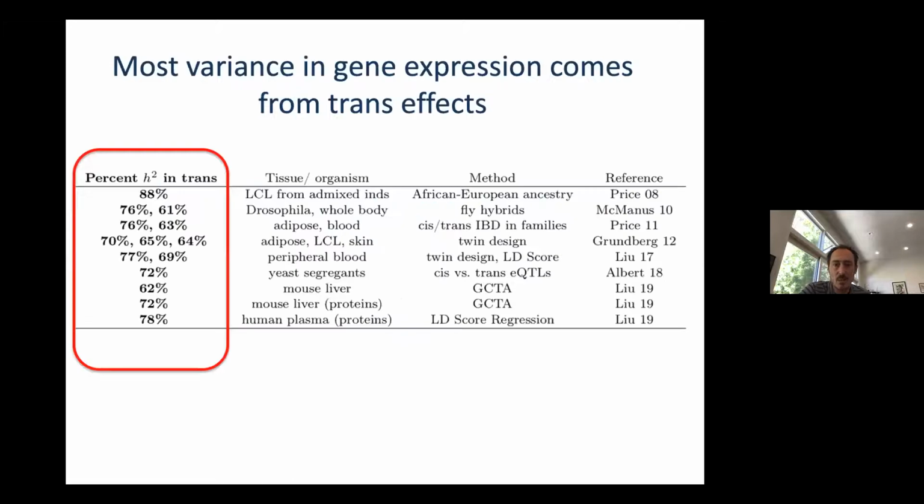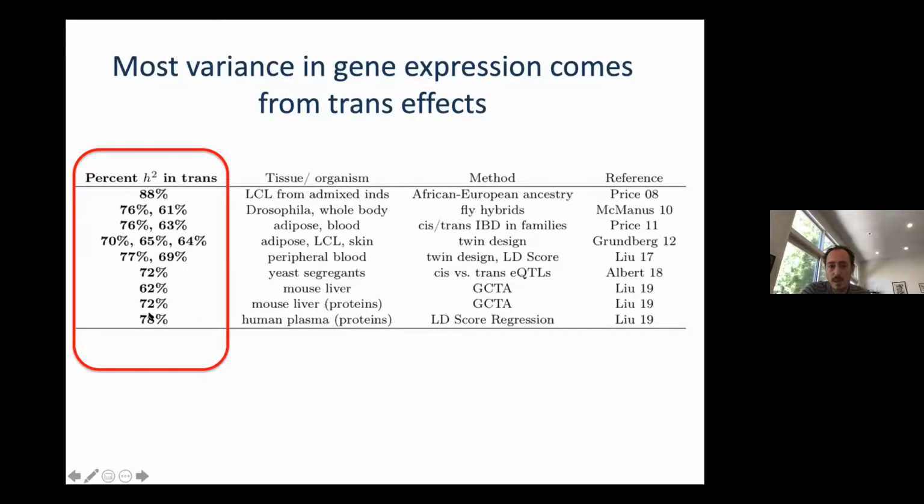And yet, we know from a variety of different studies that actually most of the variance in gene expression comes from trans effects. So this is a literature survey that we put together a couple of years ago, where we identified a bunch of different papers that use different model systems, different statistical methods, and they tried to estimate how much of the heritability in gene expression is coming from trans effects.